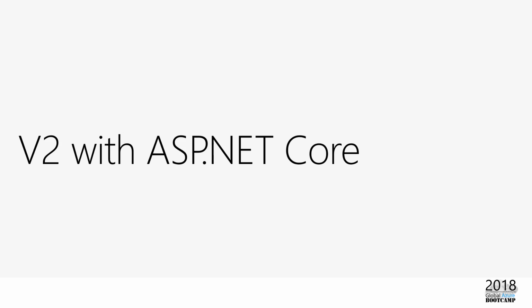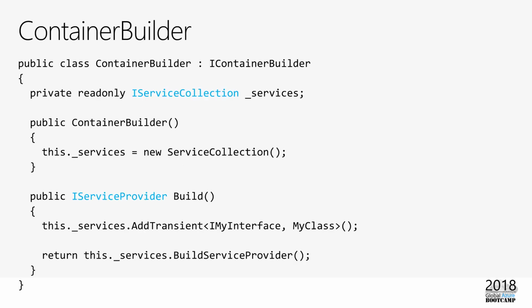So version 2 is actually using ASP.NET Core, and ASP.NET Core supports a built-in dependency injection method. It comes with IServiceCollection and IServiceProvider, right? But we need to write our own container builder like this.